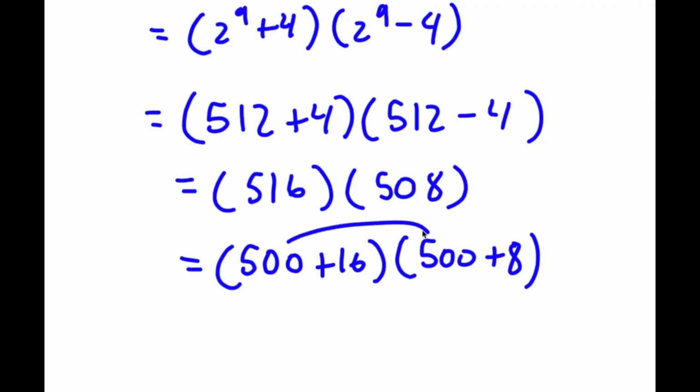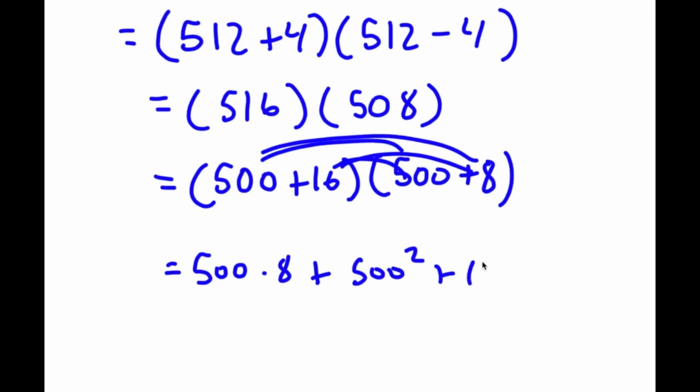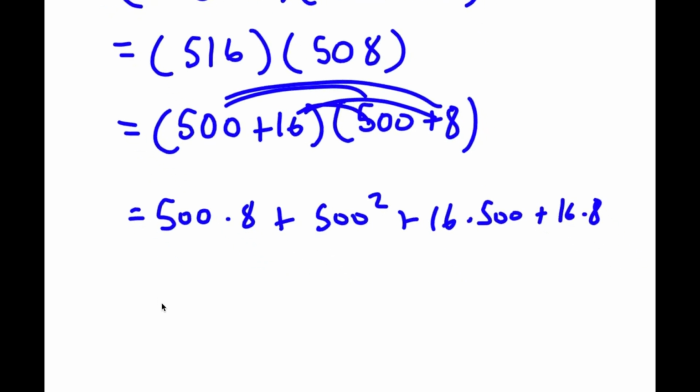So now all I have to do is simply distribute 500 first. So I get 500 times 8 plus 500 squared. Now I'm going to distribute the 16, so I get 16 times 500 plus 16 times 8.